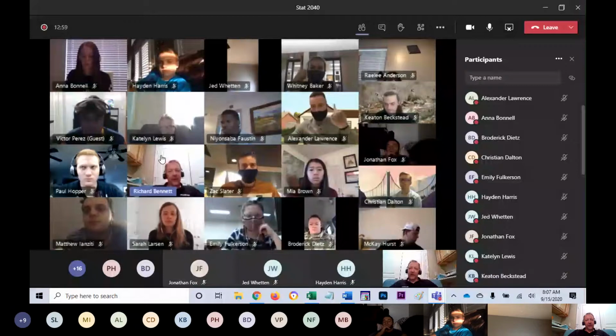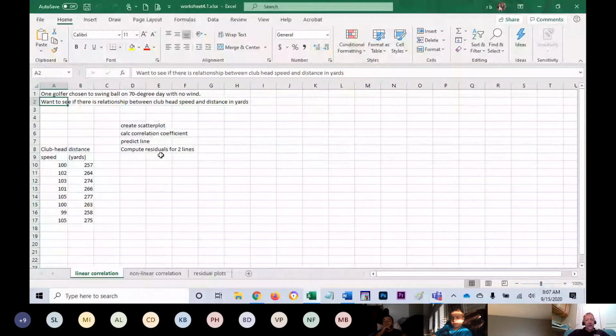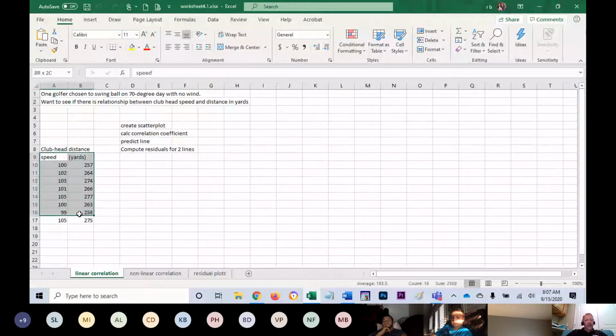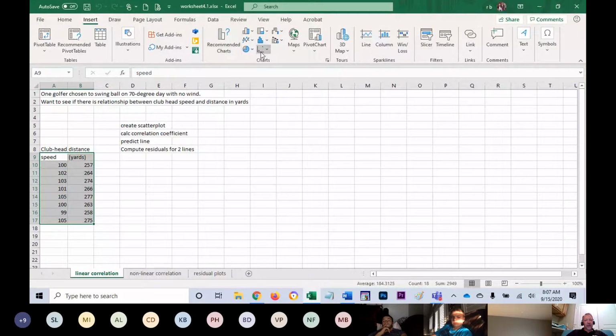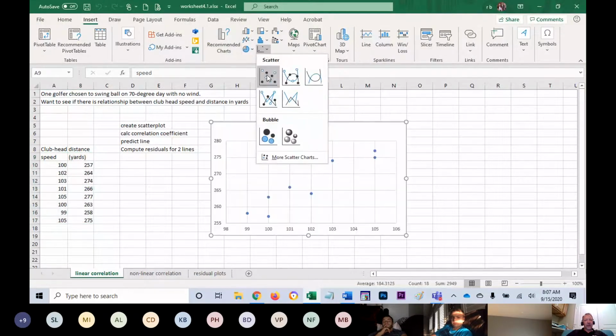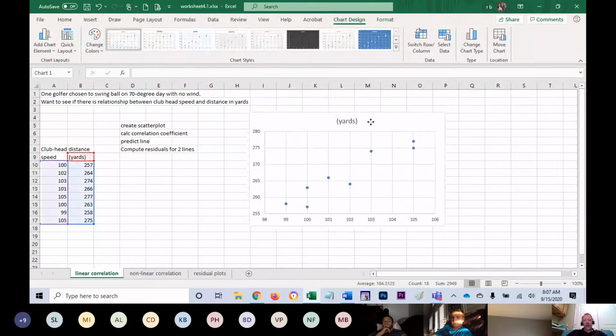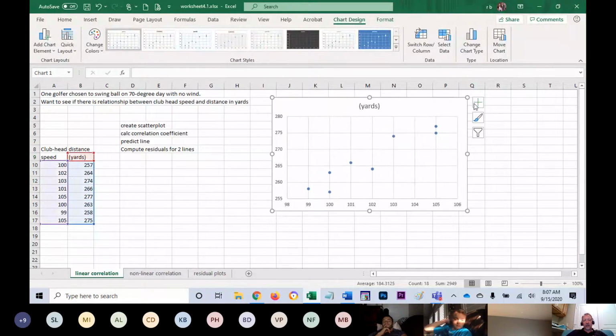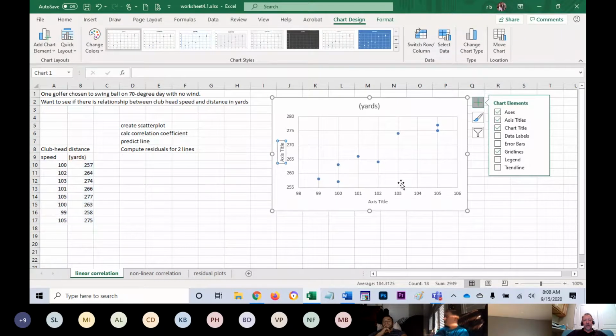Yeah, that seems like a reasonable relationship. So I'm going to cheat and do a scatter plot first in Excel. I'm going to go to Insert, and then they've got this little scatter plot diagram. We're going to do that because that's quicker and easier than drawing it. But you guys will get to draw this by hand, lucky you.